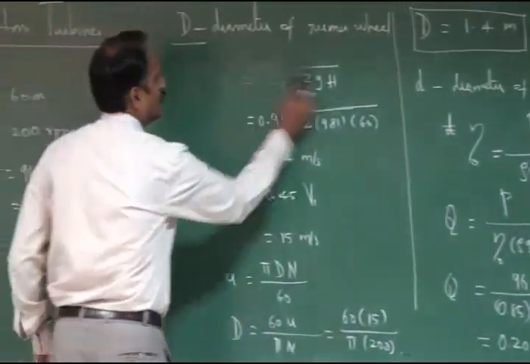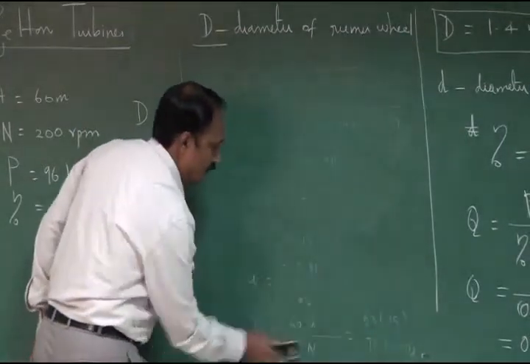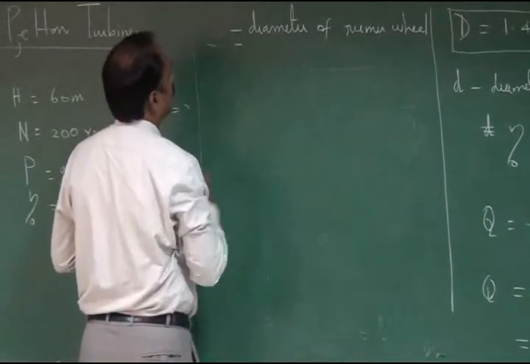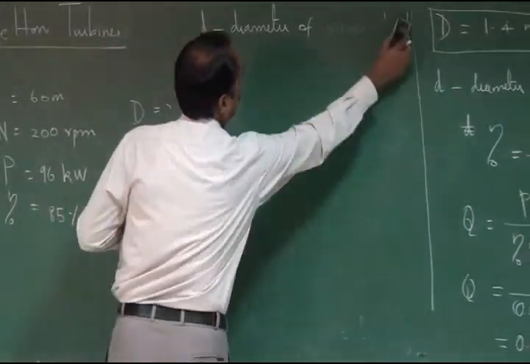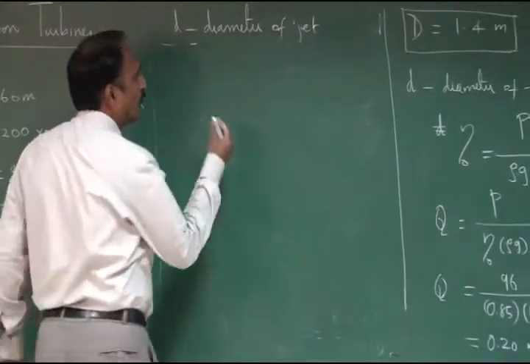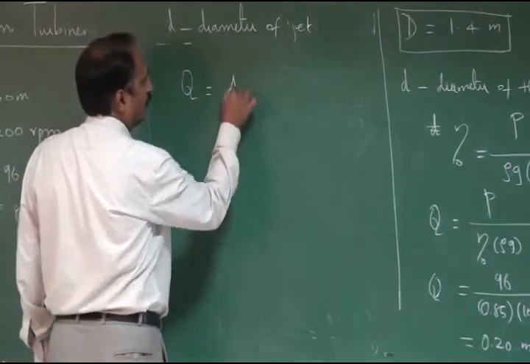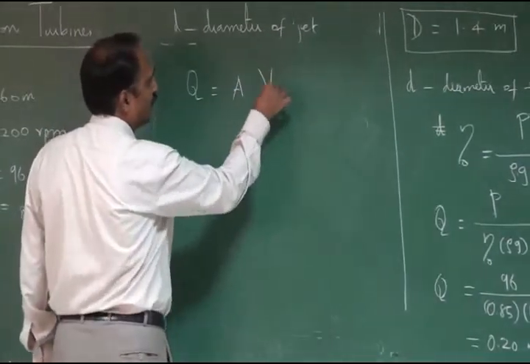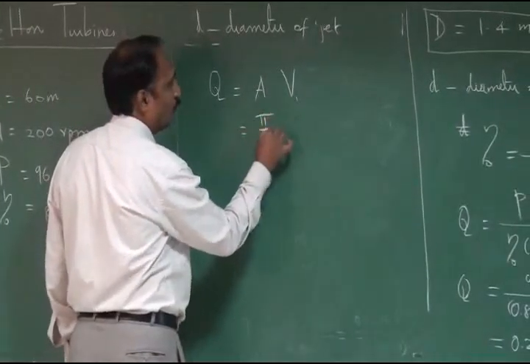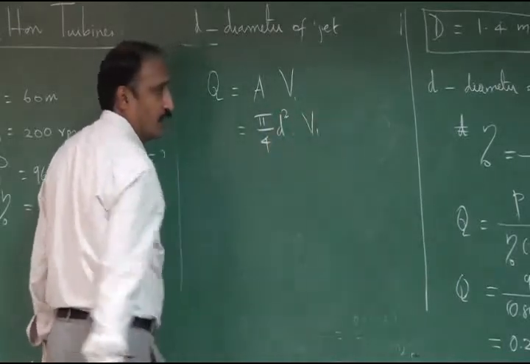So from this discharge, we can easily calculate the diameter of the jet. Q is nothing but, using the continuity equation, cross-sectional area into velocity of the jet at inlet V1, that is pi by 4 d squared into velocity.